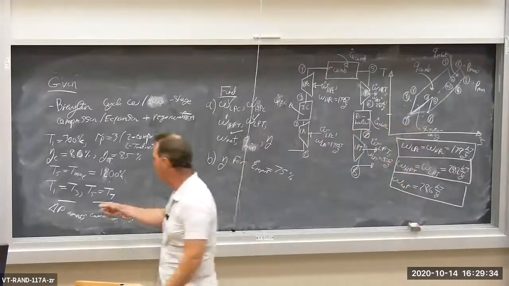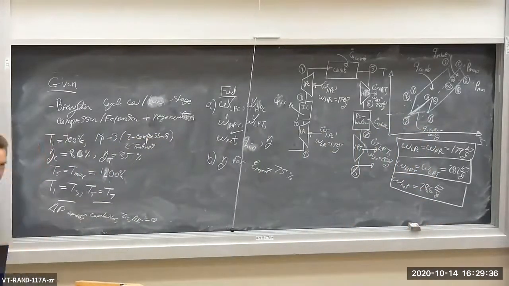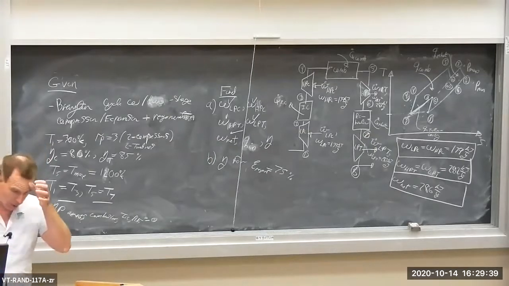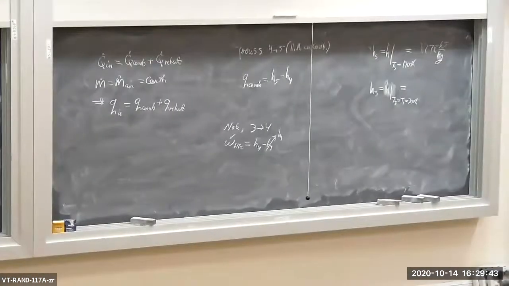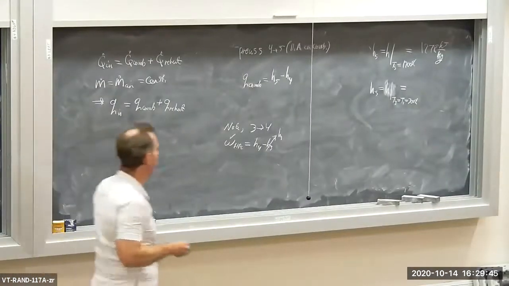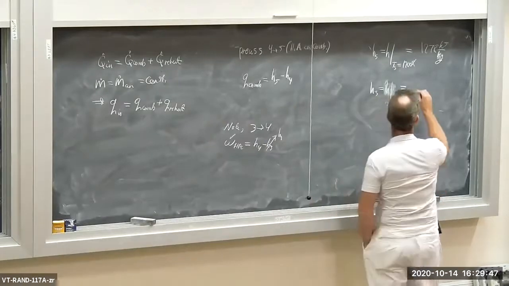Remember, that's given in our problem statement. Okay, so what is it? 300 kilojoules per kilogram.